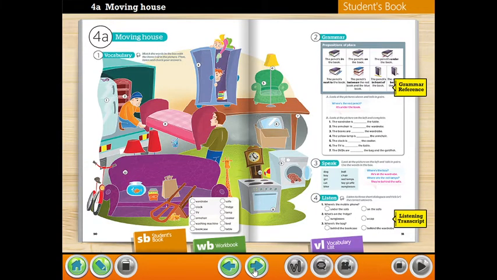First of all, we talked about the position of the things inside the house or in the street or in the city, wherever. You have a couple of prepositions here that you need to know.